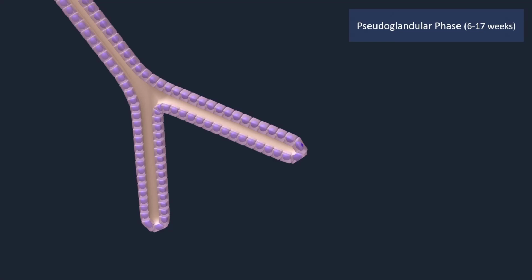During this phase, there is modest formation of blood vessels in the connective tissue surrounding these terminal bronchioles and other airways. So this was the pseudoglandular phase.